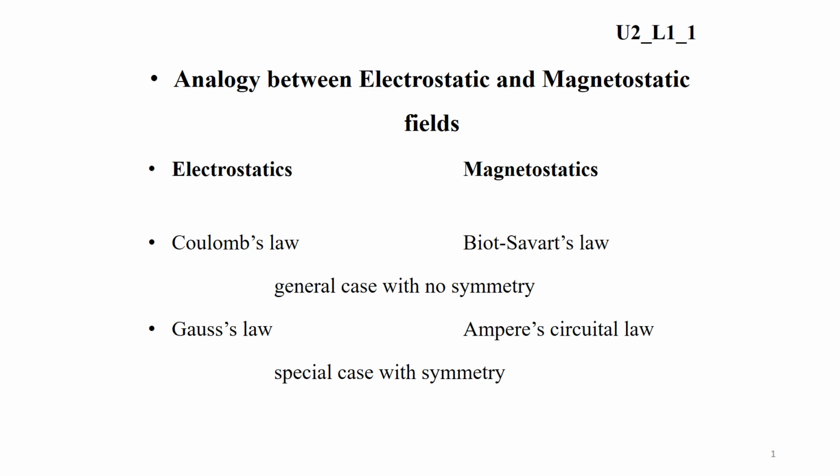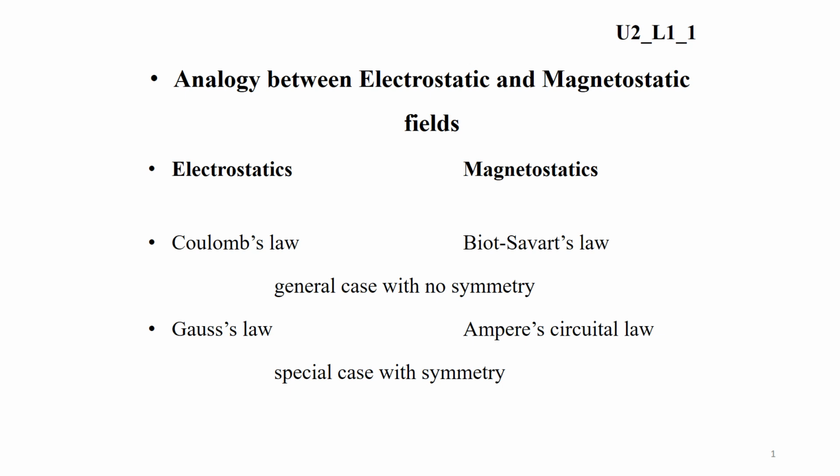Coulomb's law is a general law which applies in all cases irrespective of whether symmetry is present or not. On the other hand, Gauss's law is a special case when there is symmetry in the problem. The advantage of using Gauss's law is that a lot of the integration associated with Coulomb's law is avoided.